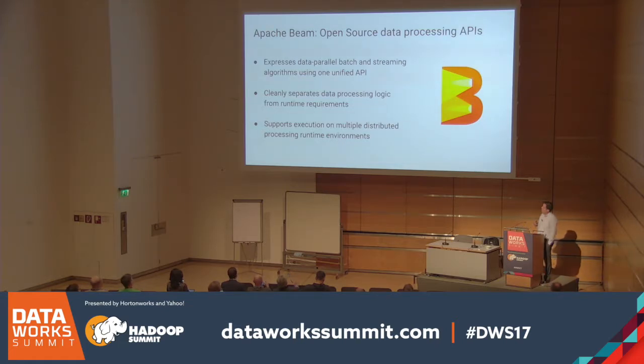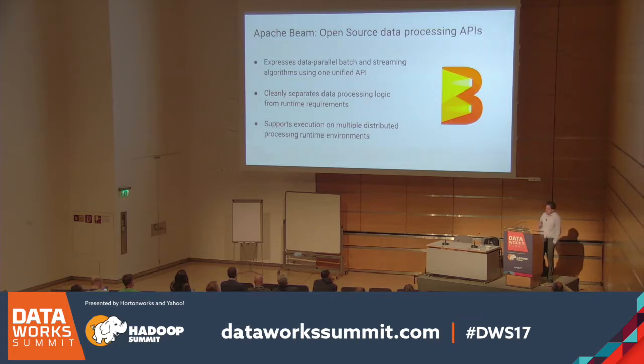With its clean APIs, you are defining your data processing pipelines completely separately from an engine that will execute it. This separation allows Beam pipelines to run on many existing runtimes and engines that you all know and love, including Apache Spark, Apache Flink, Google Cloud Dataflow, and others.